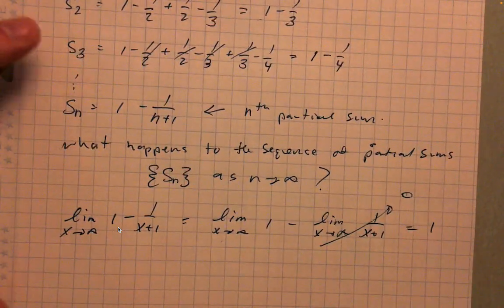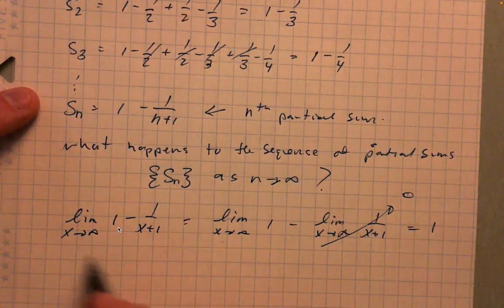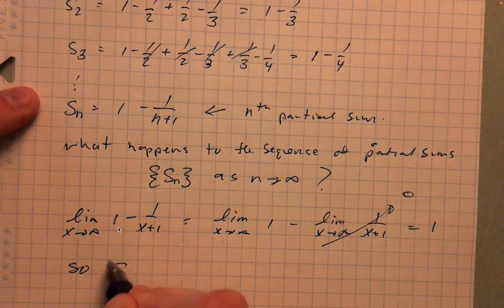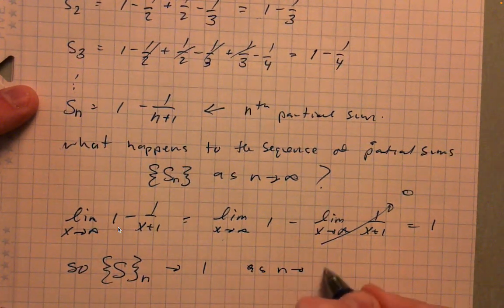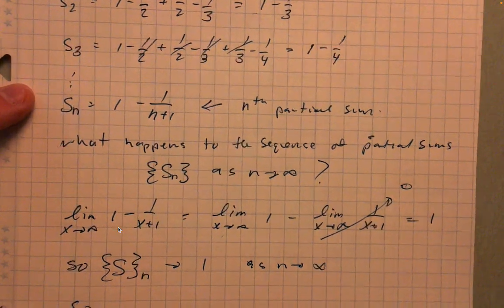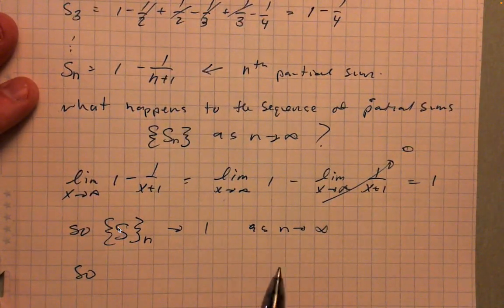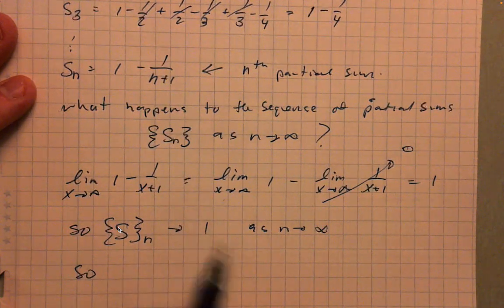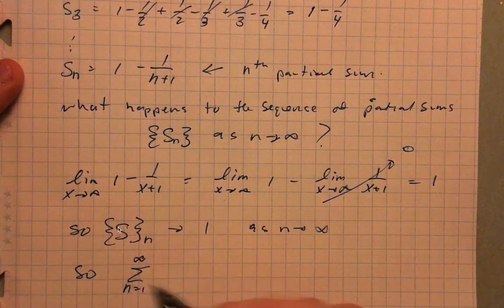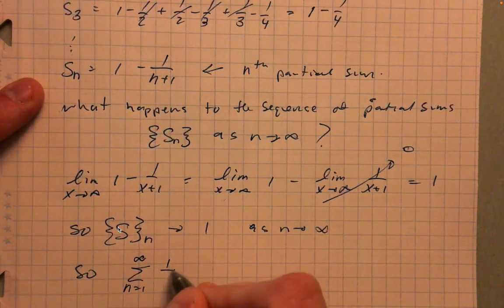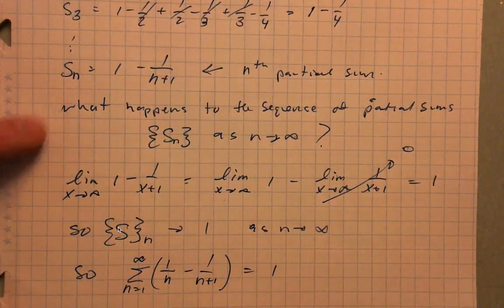So this is equal to 1. That means S n goes to 1 as n goes to infinity. So the series itself will also converge, and it'll specifically converge to whatever the partial sums converge to. So the series n equals 1 to infinity of 1 over n minus 1 over n plus 1 will sum up to 1.